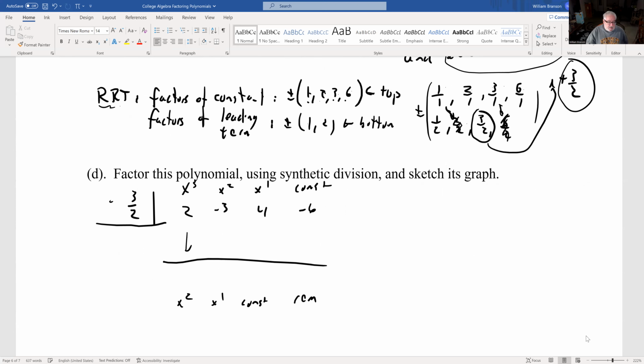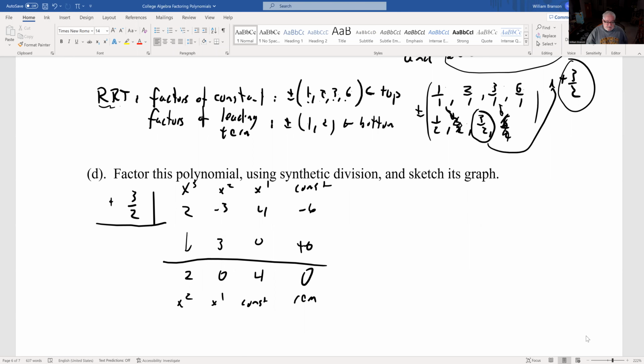So 2, bring it down to 2. 2 times 3 halves is 3. 3 plus minus 3 is 0. 0 times 3 halves is 0. 4 plus 0 is 4. 4 times 3 halves is the same thing as 12 divided by 2, which is plus 6. Add that together, we get 0. So yes, we're very happy about that.